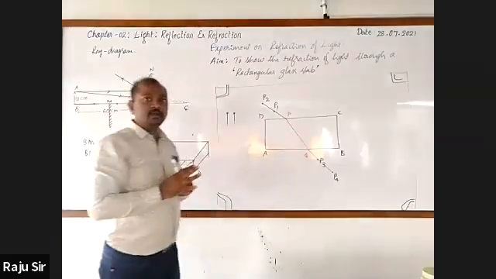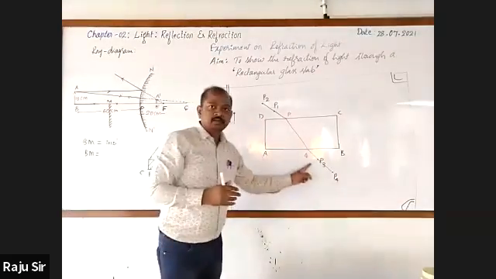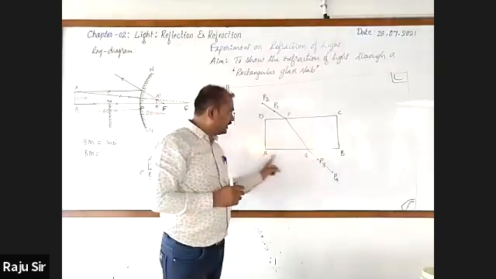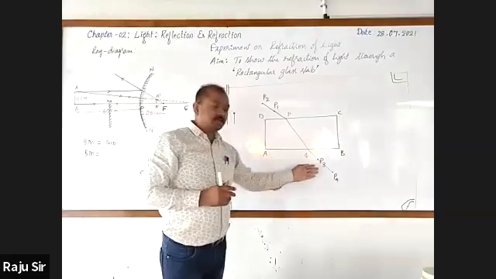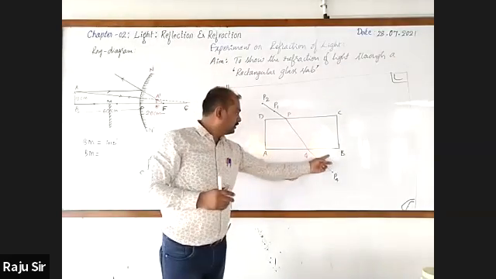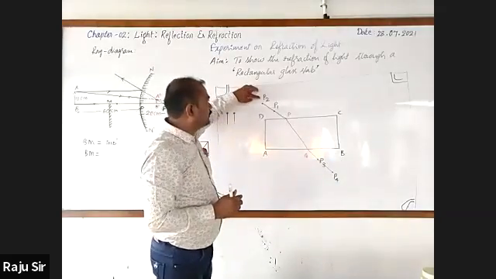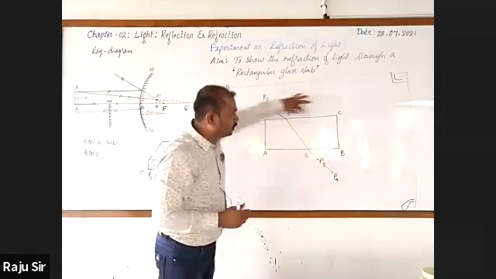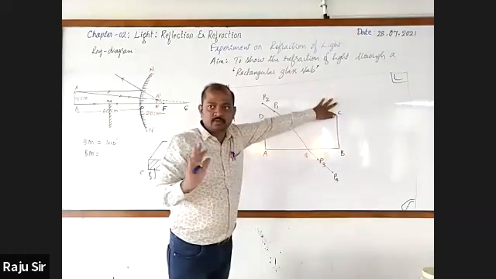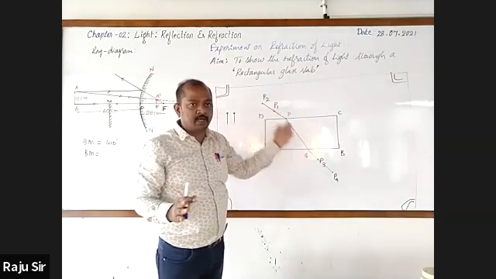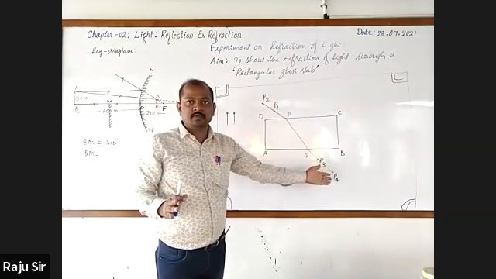Got it? Next, take the third pin and fix it on the drawing sheet against the surface AB by observing from P2 through DC. Clear? Such that they appear as if they are in a straight line.